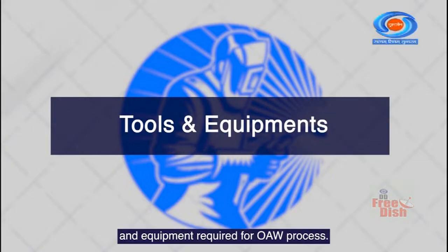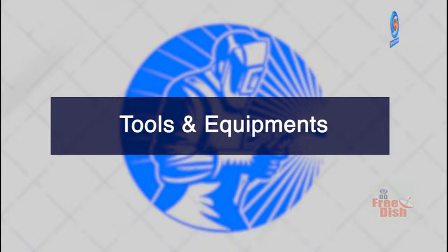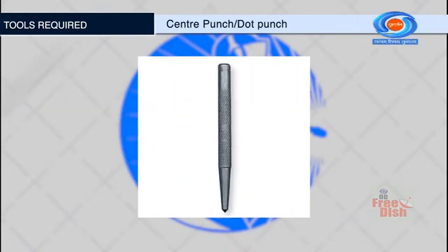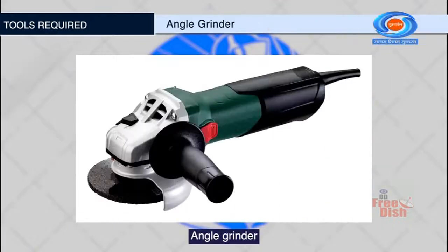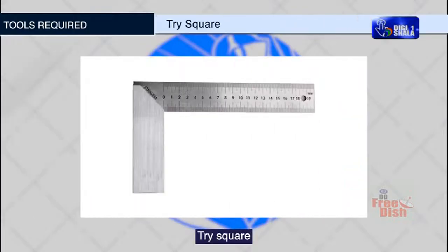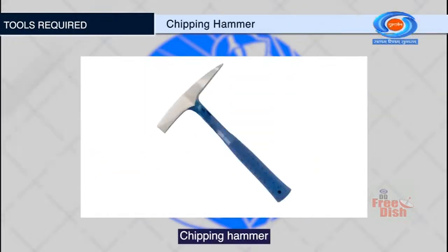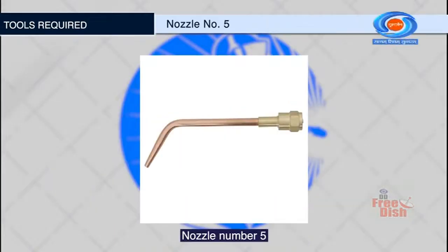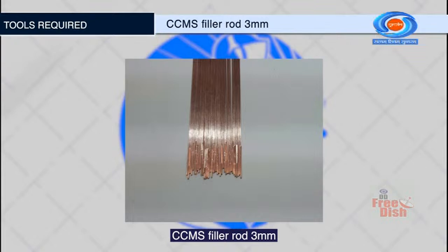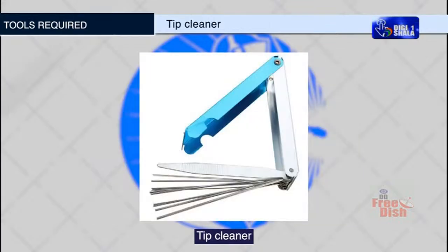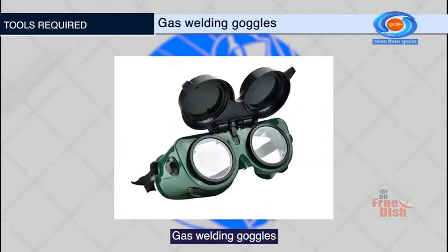Now let us look at the tools and equipment required for OAW process. Steel ruler, center punch or dot punch, ball peen hammer, angle grinder, half round file, bench vise, tri-square, chipping hammer, steel wire brush, safety clothing, gloves, PPE kit, nozzle number 5, CCMS filler rod 3 mm, OAW setup, cylinder key, tip cleaner, spark lighter, gas welding goggles.